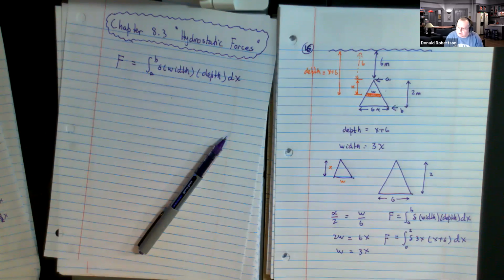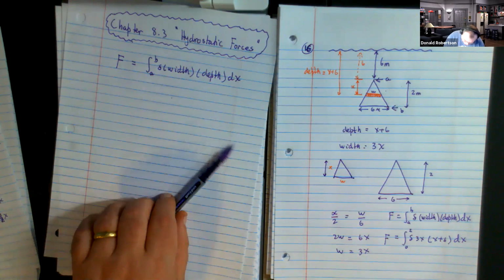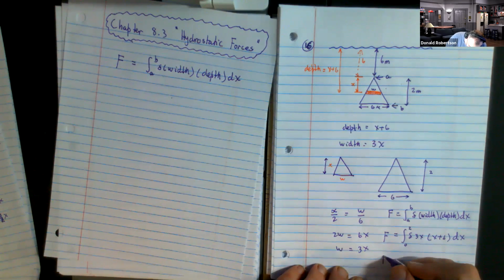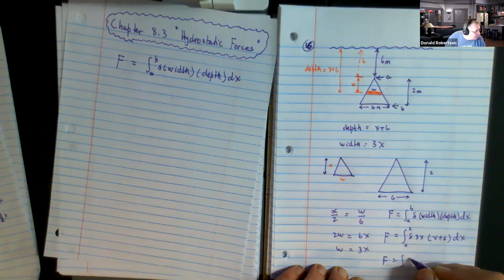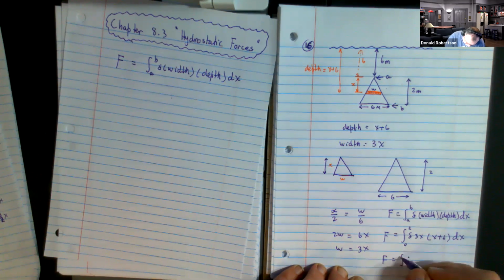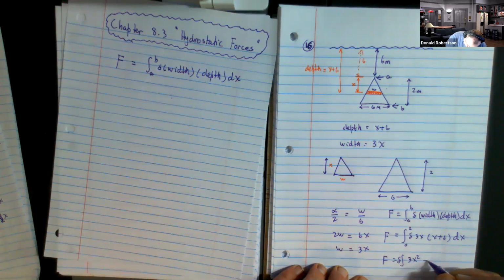Are we cool with that? Now that makes the hydrostatic force, there's going to be a delta somewhere, I'll stick it out here, the integral of 3x squared plus 18x dx.